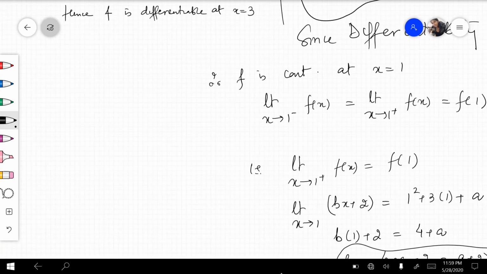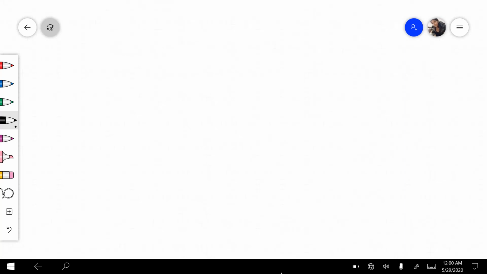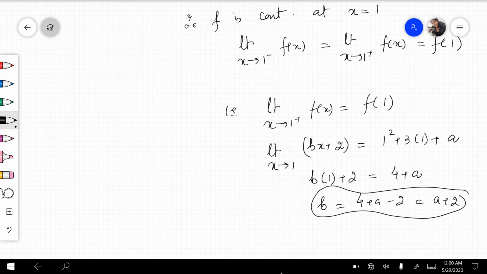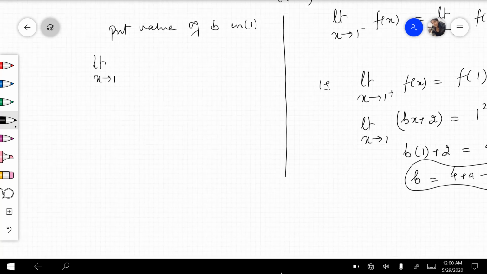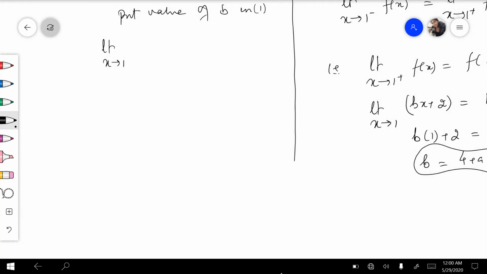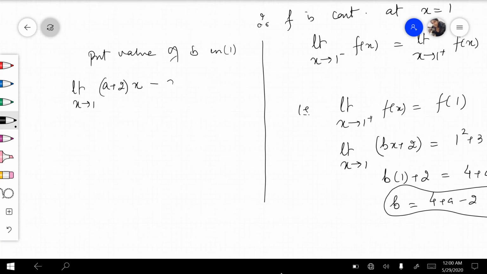If we put this value in first, where it was, अगर यहाँ पर हम सब्स्टिट्यूट करते हैं तो मेरे पास क्या आ जाएगा, that gives you limit x approaches to 1 of (bx, b किसके इक्वल है, a plus 2) into x minus a minus 2 upon x minus 1 is equal to 5.